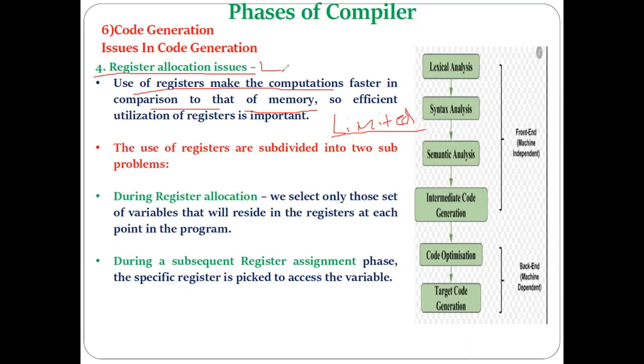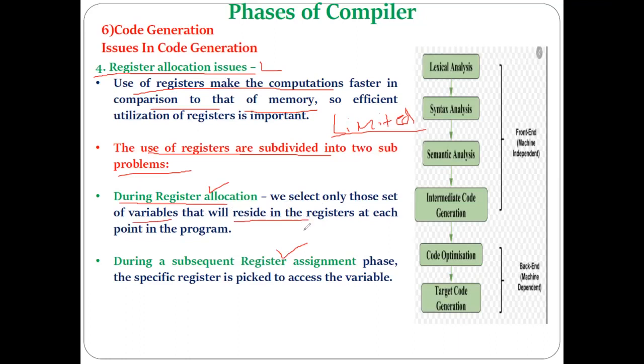So how can registers be allocated so that the maximum number of registers can be utilized? The use of registers is subdivided into two important problems: register allocation and register assignment. During register allocation, we select only those variables that will reside in the registers.